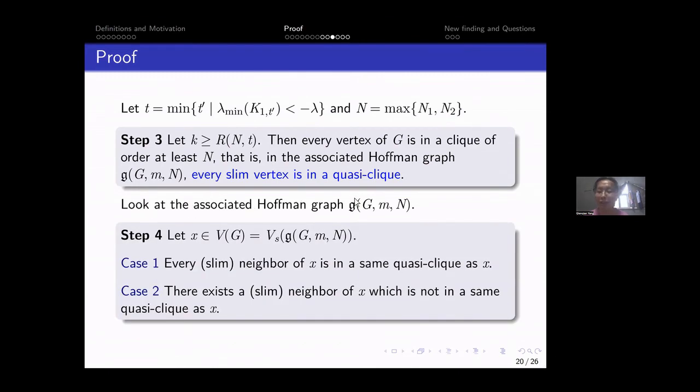The first step is we look at the associated Hoffman graph, and there are 2 cases.